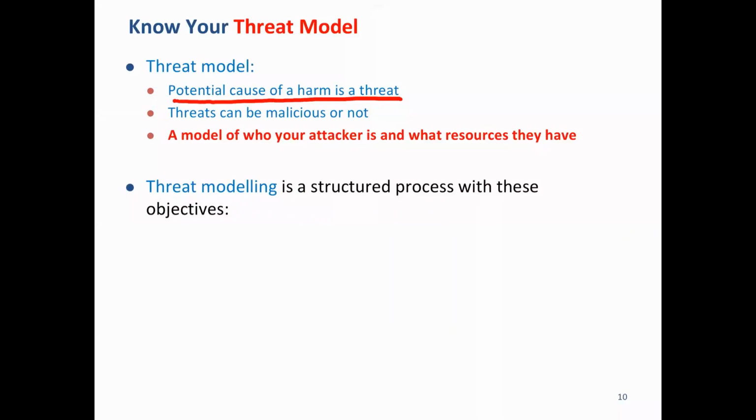So threats can be malicious or non-malicious. Malicious means that it can harm you or your organization. Non-malicious means that it may not harm you, but there can be a threat.